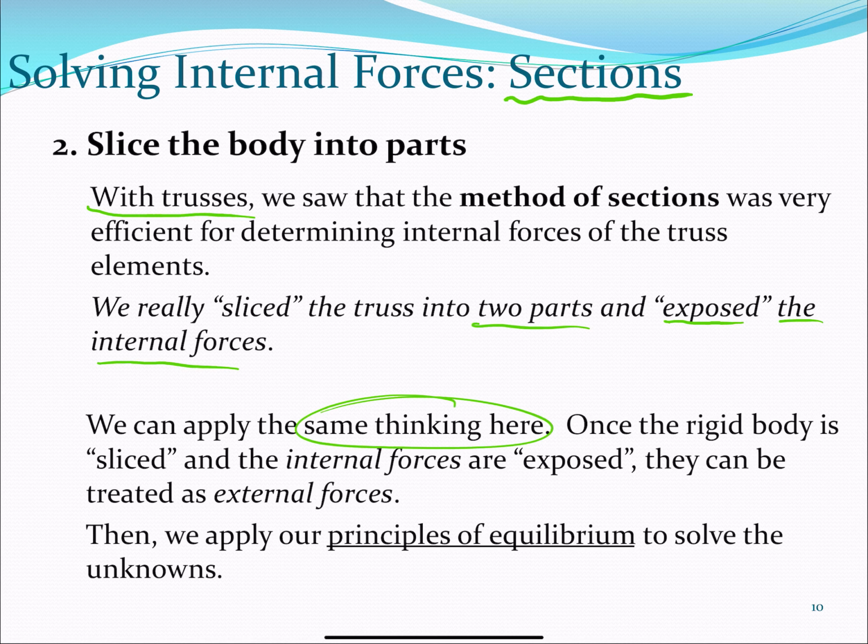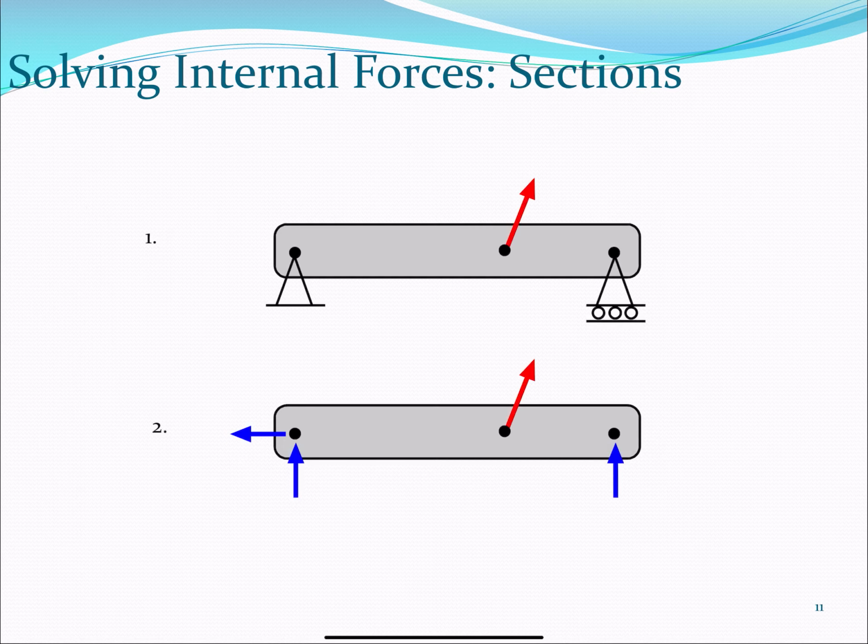Once the rigid body is sliced and the internal forces are exposed, they can be treated as external forces. Well, this is for purposes of calculation. Remember that you were able to calculate reactions, no problem, using your equilibrium equations. This is not going to be any different than that. We apply the principles of equilibrium to solve for the unknowns. So this is a rigid body. Here are the reactions in step number 2.